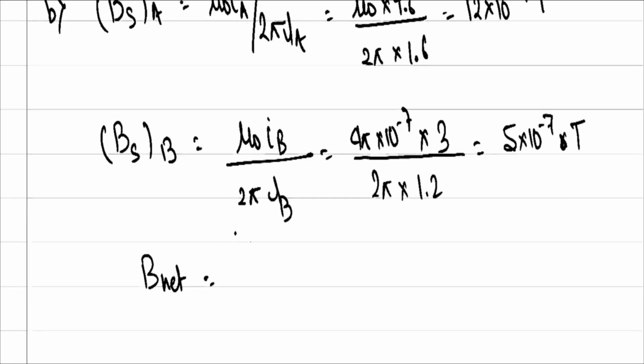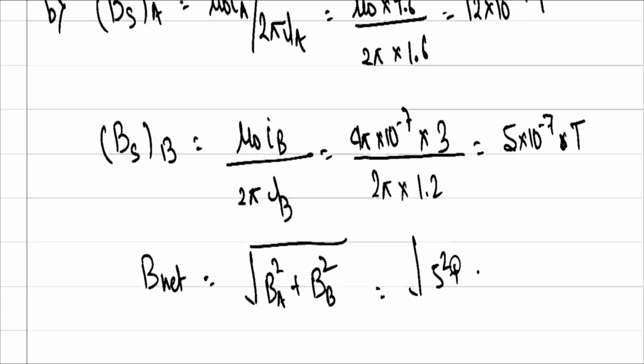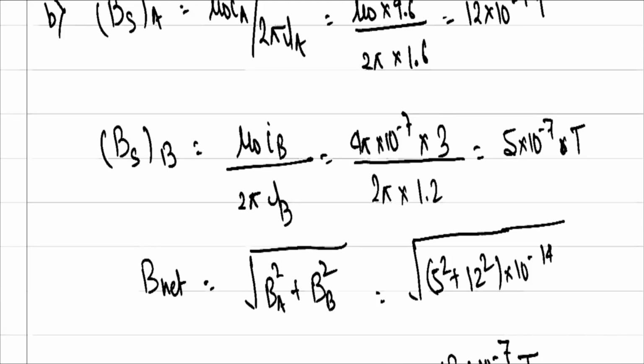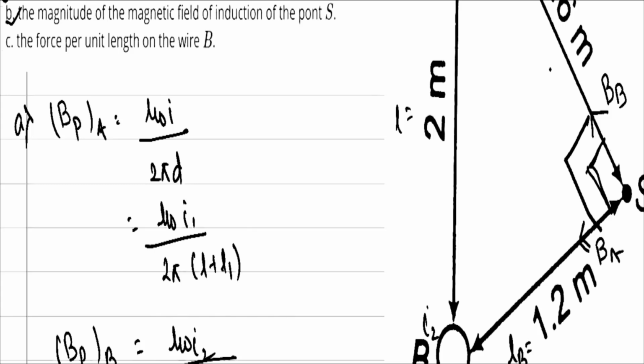So B net will be the root of BA squared plus BB squared, so root of 5 squared plus 12 squared into 10 to the power minus 14. So you will get 13 into 10 to the power minus 7 Tesla. So this is the part B answer.